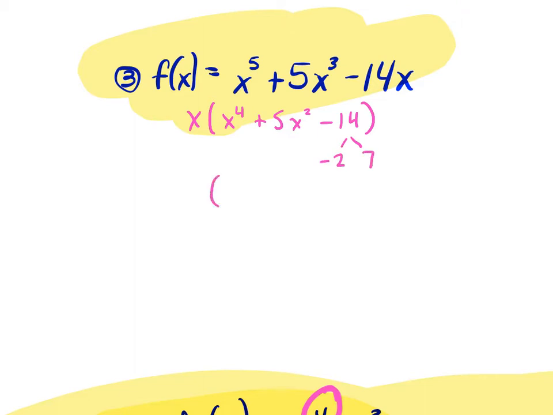So then we can put that as x squared. Now we're starting with x squared since we started with x to the 4th power. So it's just a basic factoring problem, except now we started with x to the 4th, so our parentheses here are going to have x squared. So x squared minus 2, x squared plus 7, and then we can't forget about that x that we pulled out in the beginning.